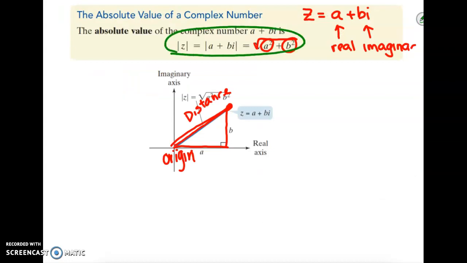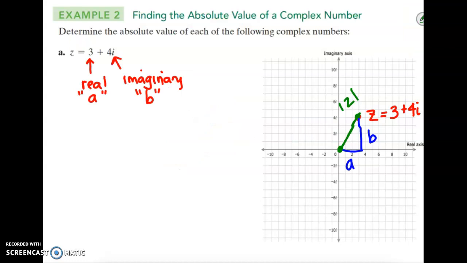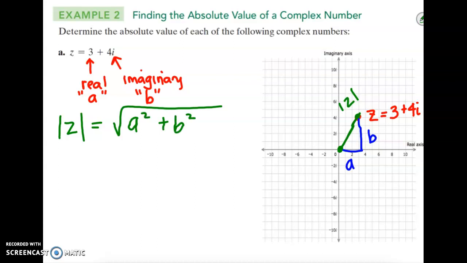Right here. So the absolute value of z is we're going to square our A value and square our B value, add them up, and then square root it.